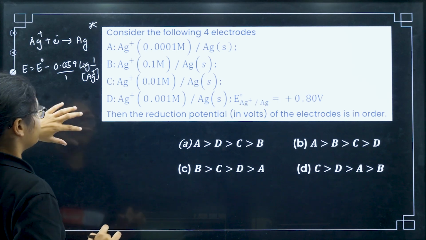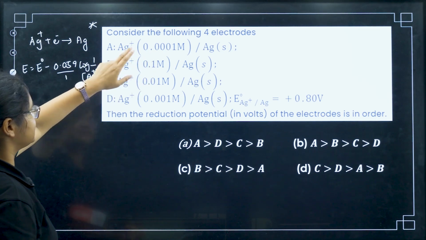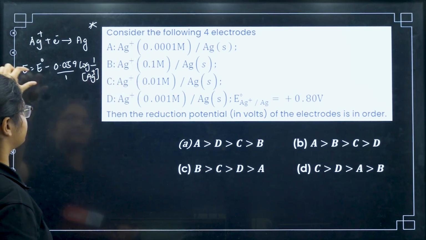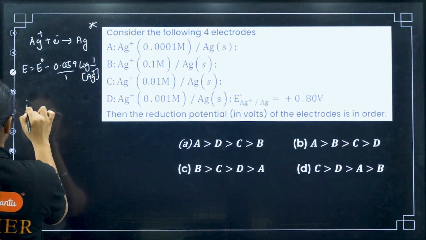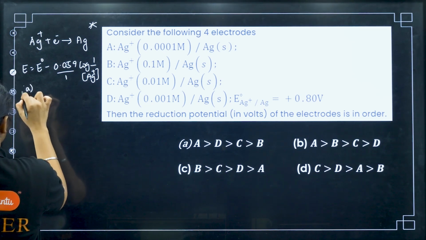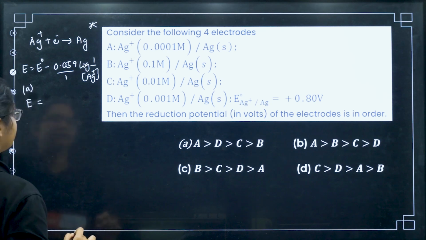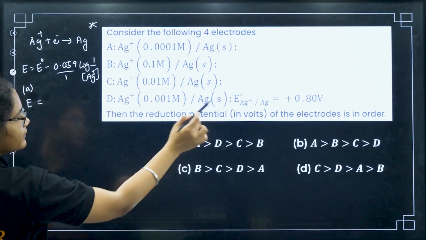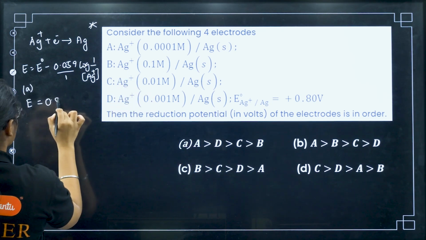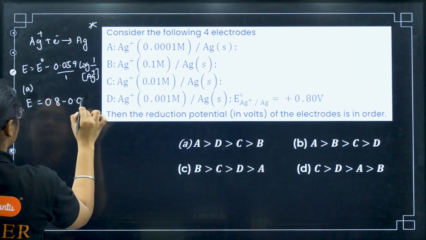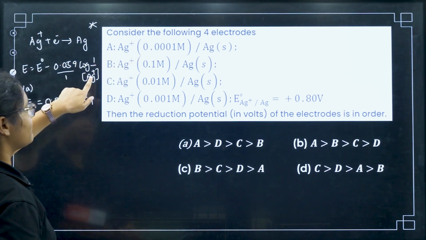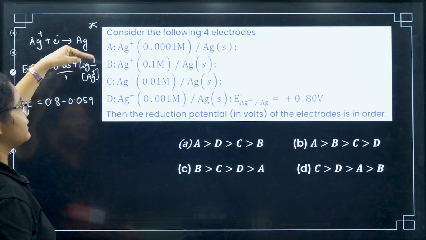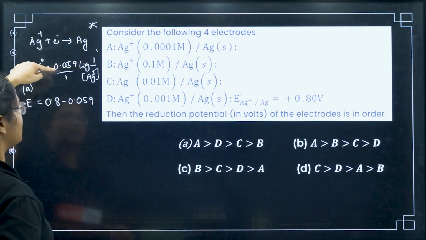So what I will do is, I will put the option wise each A, B, C, D, I will put the concentration and I will write the equation. So E is equal to, so for option A, what is the value of E0? E0 value is given to me as 0.8 minus 0.059 into log of 10 to the power of minus 4. It will go up, it will become 10 to the power of 4. 4 will be multiplied here, right?